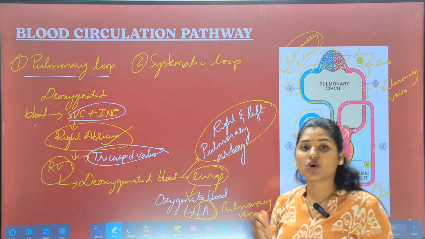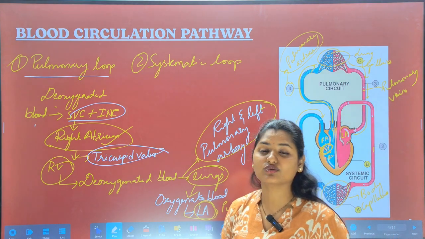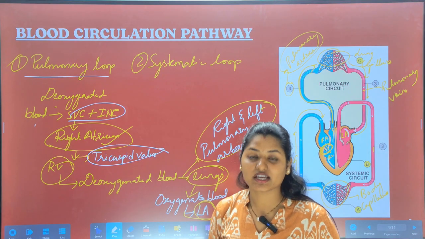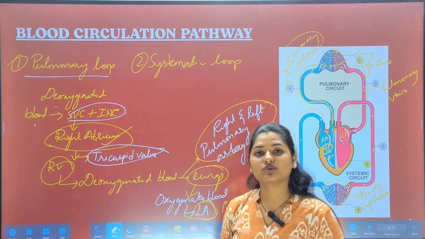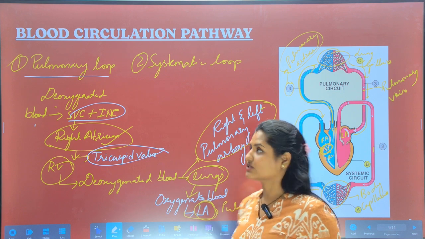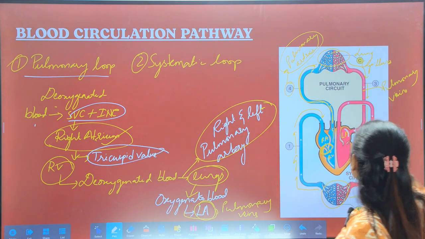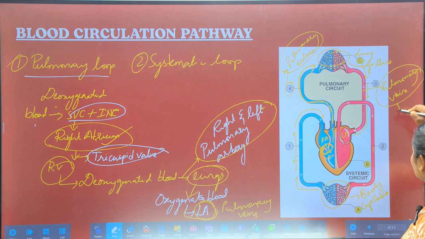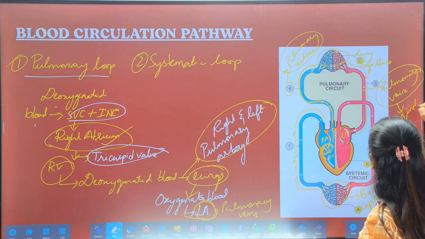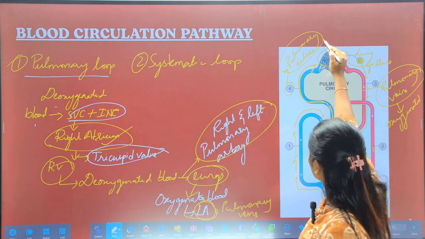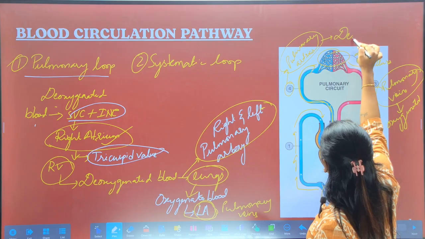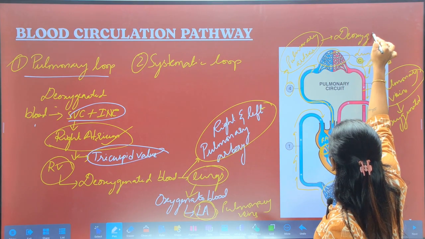Remember one thing, deoxygenated blood is carried through pulmonary arteries and oxygenated blood travels through pulmonary veins. These two words are very important and don't get confused. So pulmonary veins are for oxygenated, and pulmonary arteries are for deoxygenated.